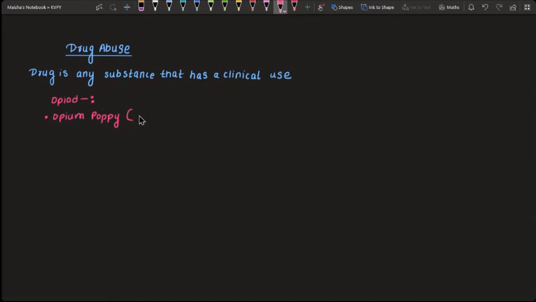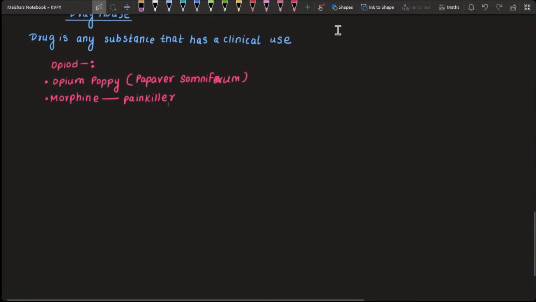When we talk about opioids, these have been extracted from the plant opium poppy. The scientific name of opium poppy is Papaver somniferum. This opioid has a drug which is morphine. Now morphine is actually a plain painkiller which is given to people who have just undergone surgery.